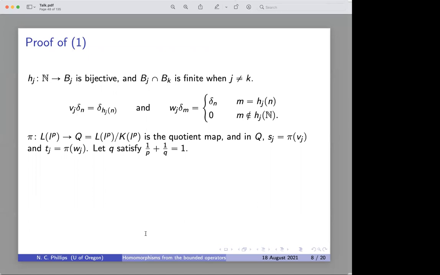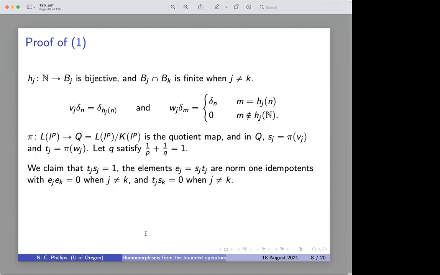So here is just a reminder of the setup that I had. Here is the repeat of the first part of the proposition. Tj Sj is 1. The elements Ej are normal idempotents, which are orthogonal, and so on. So in fact, with the way things were defined already, Wj Vj is equal to 1.